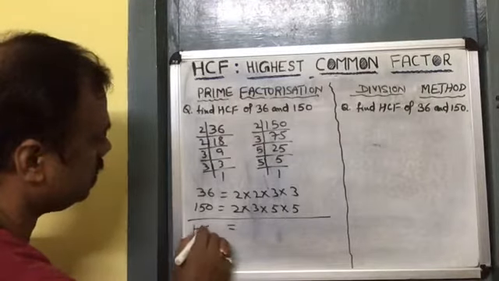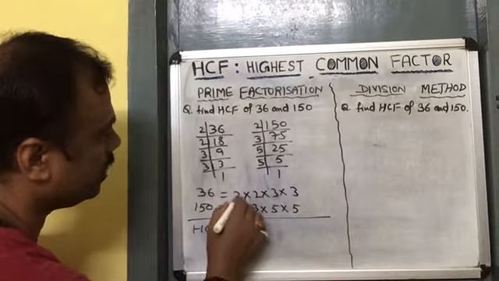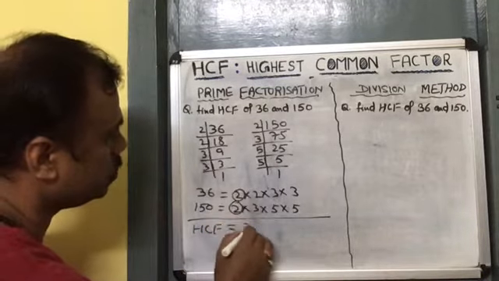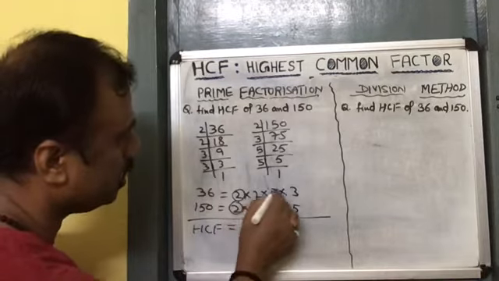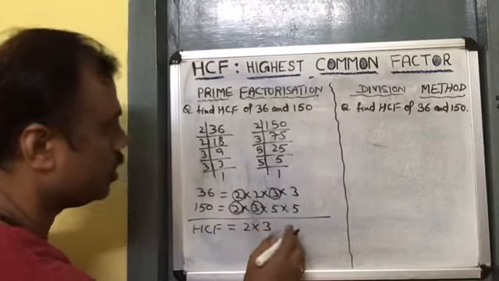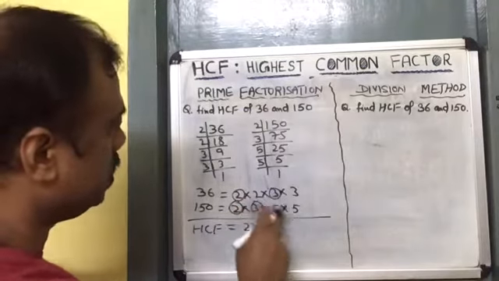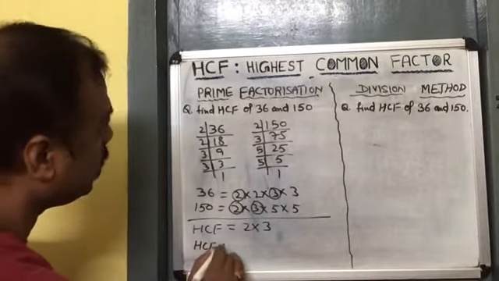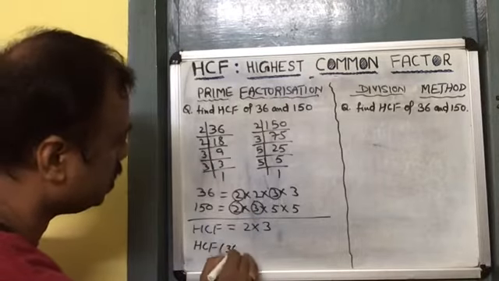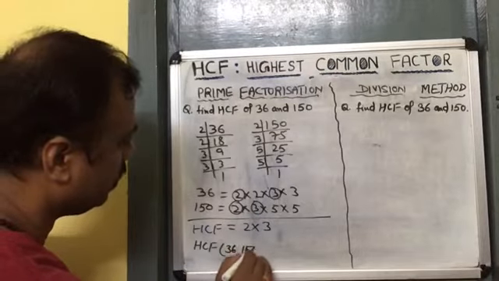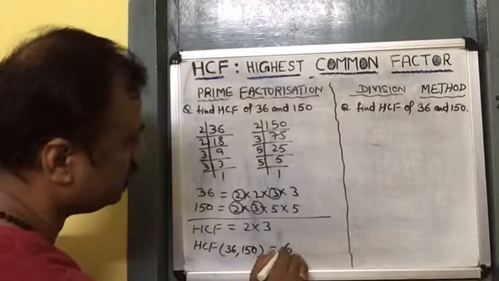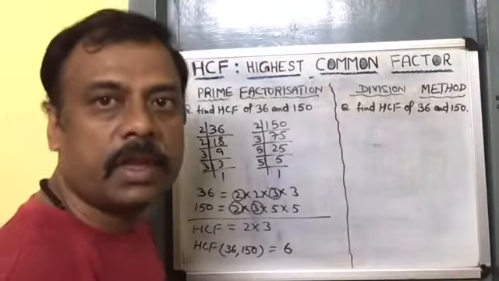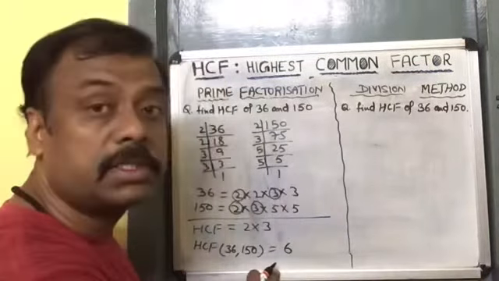The common factors are 2 and 3, and except these there are no common factors. So the HCF of 36 and 150 is 6.